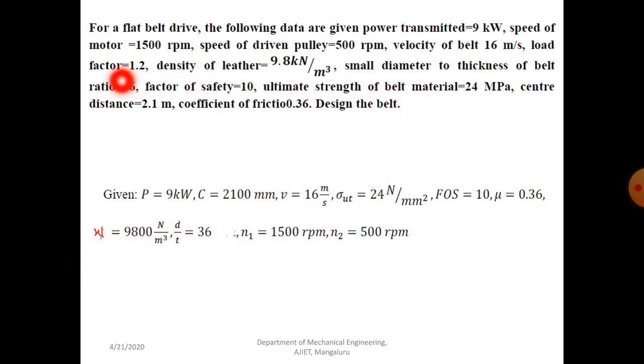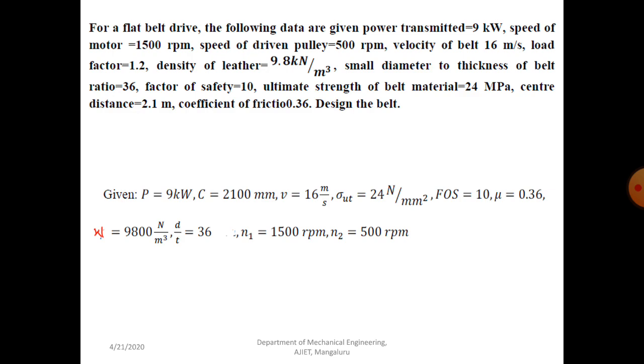And one of the important factors is load factor. That factor you have to add during the power transmission, because it is more than 100%. If it is 100%, the value will be 1. If it is more than 100%, what is the percentage you have to write here? 20 percent more. You have to design for more load, that is 20% overload.